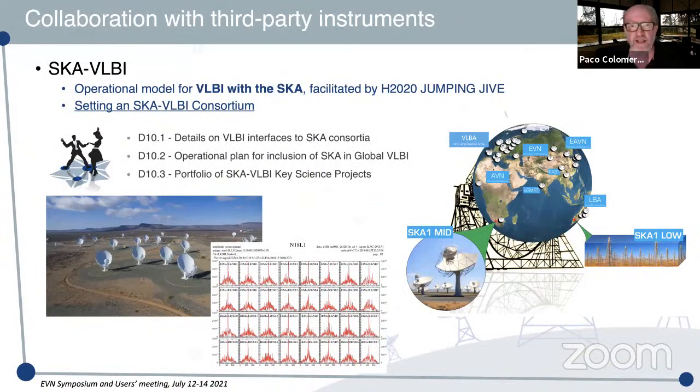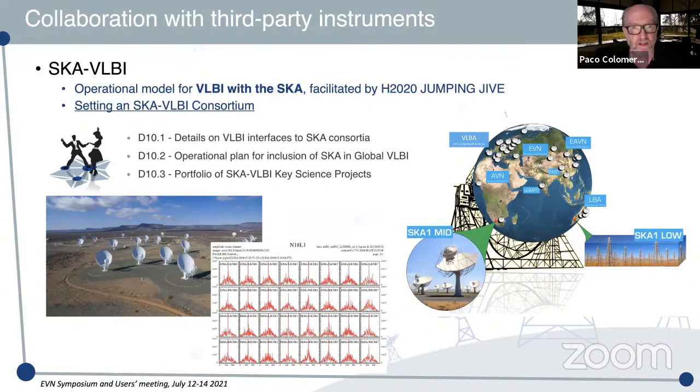And talking about SKA, what happens? Well, there is a plan, and we have been working on it for some years now, to include the SKA as an element in a VLBI network. Or alternatively, because it's almost the same, to add very long baselines to the SKA.